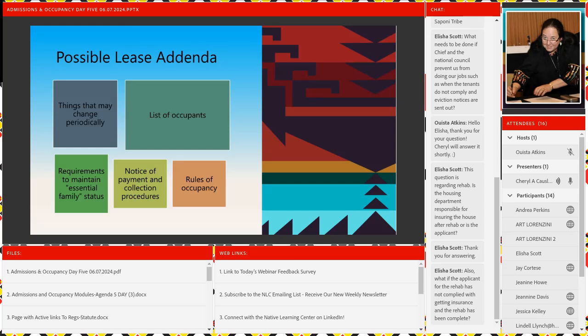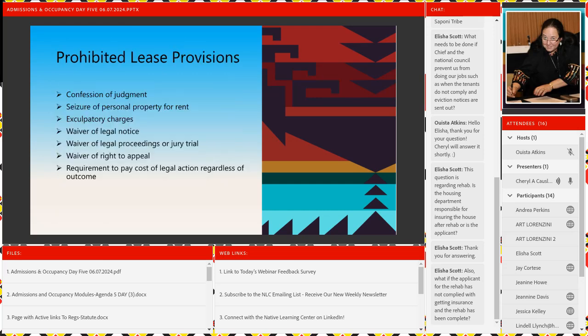Possible lease addenda, things that could change periodically: the list of occupants, requirements to maintain essential family status, notice of payment and collection procedures, rules of occupancy.